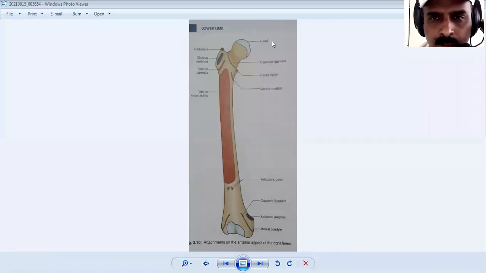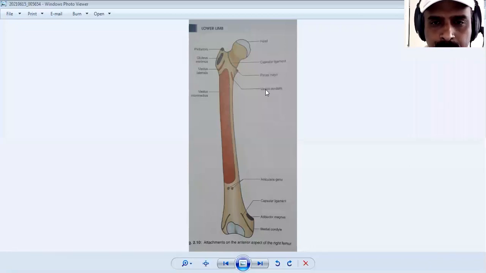femur is one of the longest and strongest bones of the body. As you know, almost all bones we are going to study under different classifications. So the femur is one of the longest and strongest bones of the body.